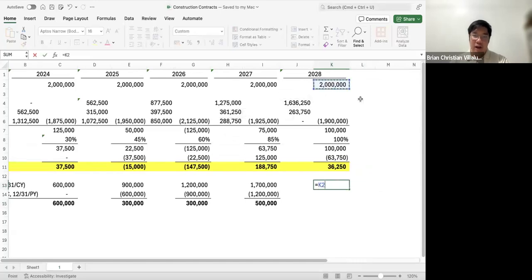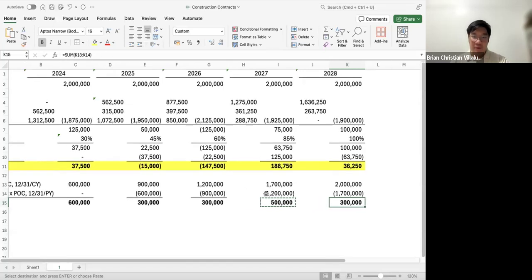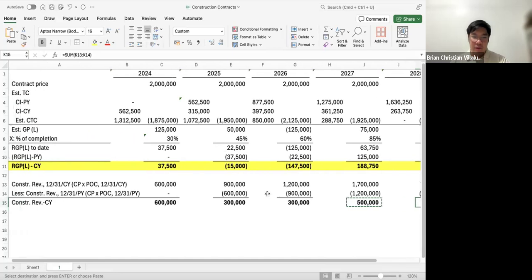Oh, contract price times percentage of completion, which is already at 100%, less 1.7 million. So construction revenue 2028, 300,000. Okay? Yan. Nakukuha? Oh. Now, that's method number 1.